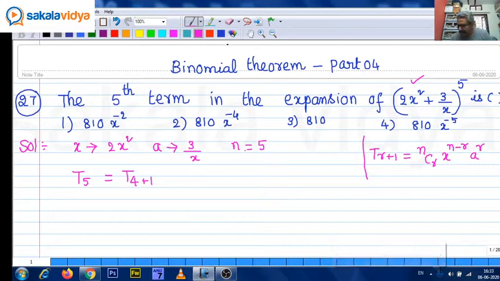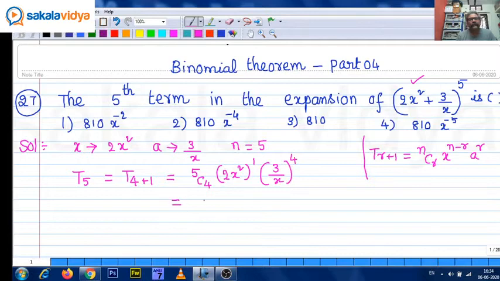Let the respective values be substituted now. So this equals, n means 5, 5c4, x means (2x square) whole to the power of 5 minus 4, 1, and next a means (3 upon x) raised to power 4.